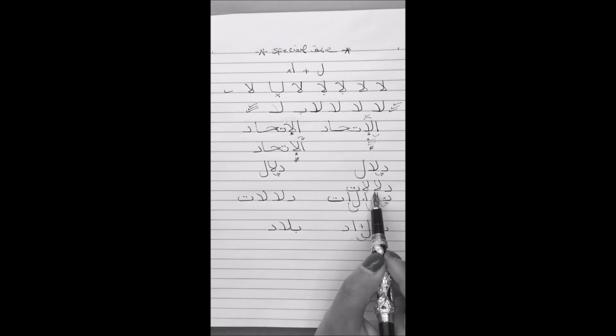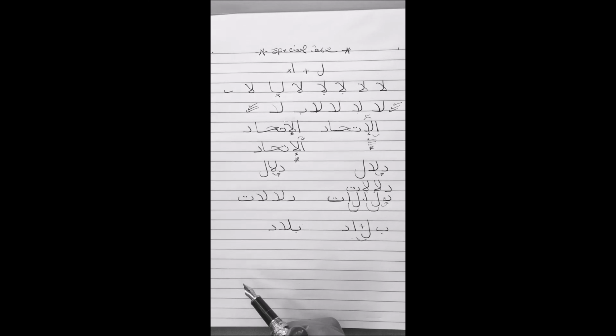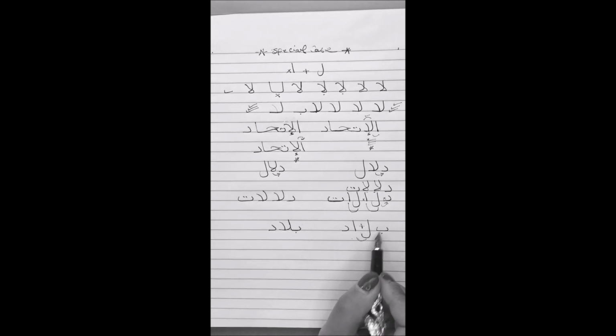All right, now the question is, can I write the lam aleph here twisted? Can I write it in the twisted shape like this one? No, I cannot. Why? Because the lam is not preceded by an unsocial letter. It's connected with the letter that precedes it.